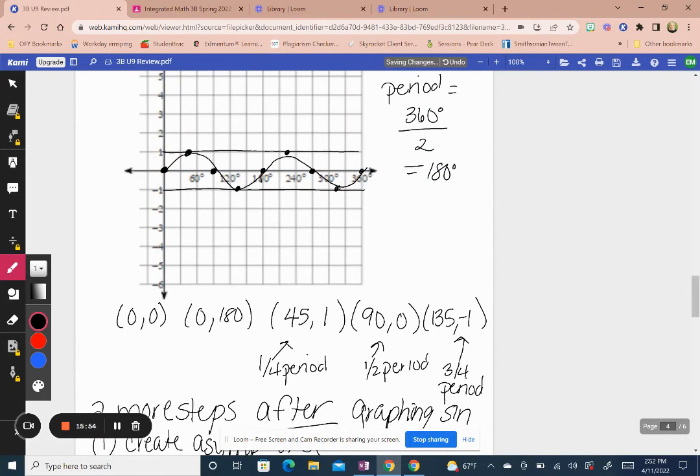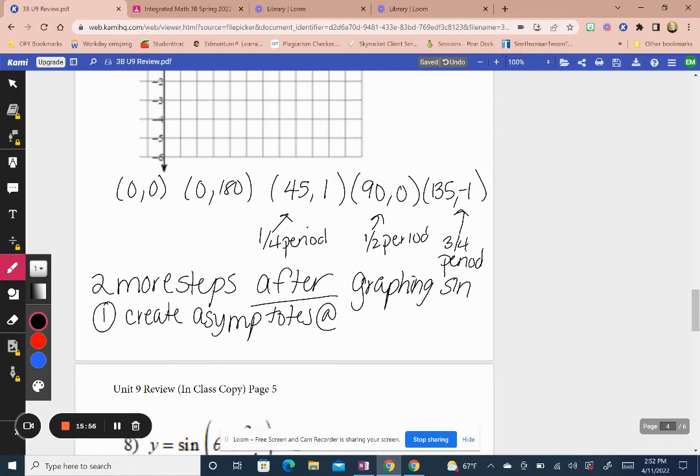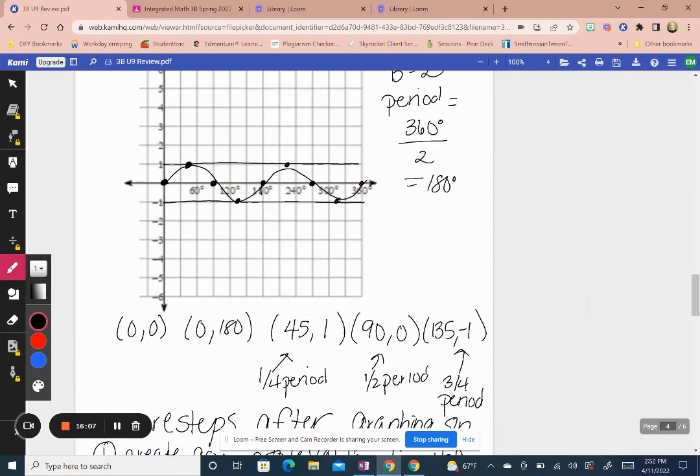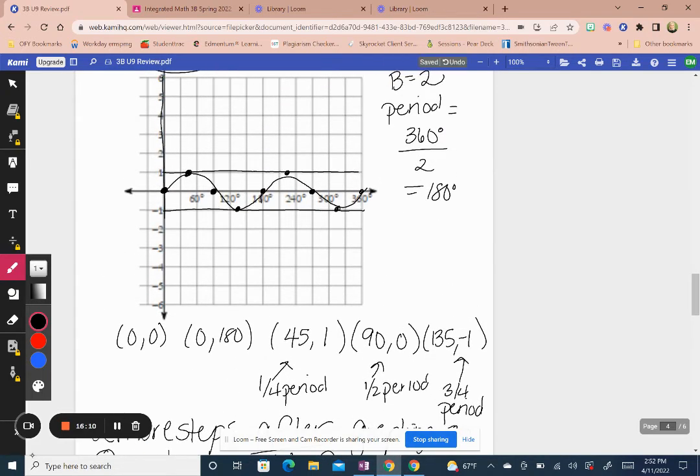And we're going to create them where the function y is equal to 0, or on the x-axis. Okay. So literally right here, see how it crosses through the x-axis? We're creating a line. There's another one right here. See how we're crossing through the x-axis? I'm going to create another line through here. Same with right here. I'm going to go ahead and create an asymptote. So you just continue the pattern, okay?